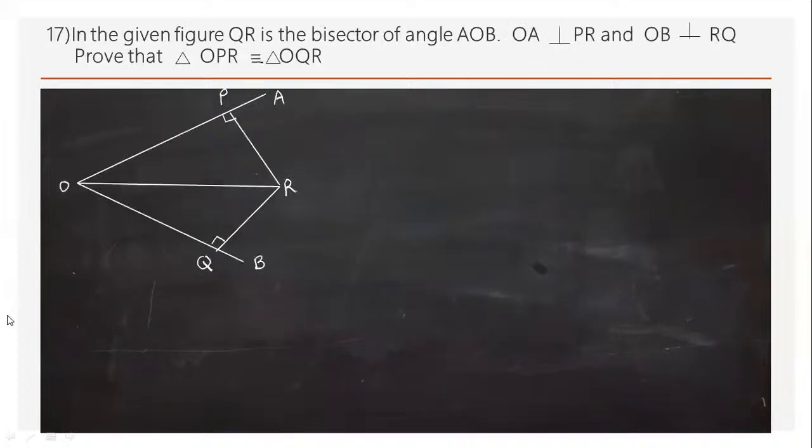17th. In the given figure, QR is the bisector of angle AOP. OF perpendicular PR and OB perpendicular RQ. Prove that triangle OPR is congruent to triangle OQR.